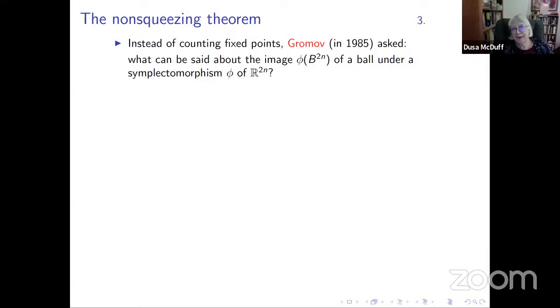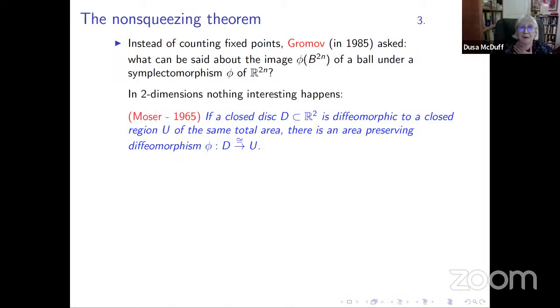So he was not trying to count fixed points. He was looking at a different kind of question. Suppose you take a ball in Euclidean space and you look at its image under a symplectomorphism. What can you say about it, sort of topologically? He's a topologist. In 2 dimensions, there's nothing interesting you can say. This was studied by Moser.